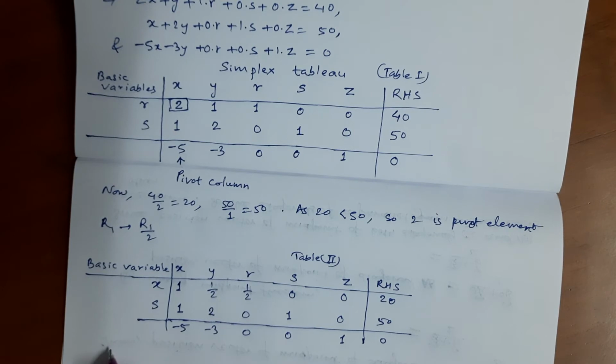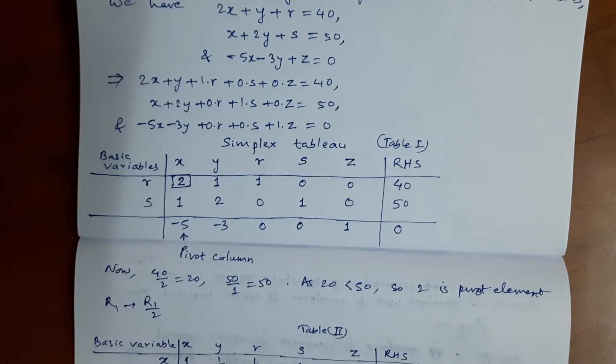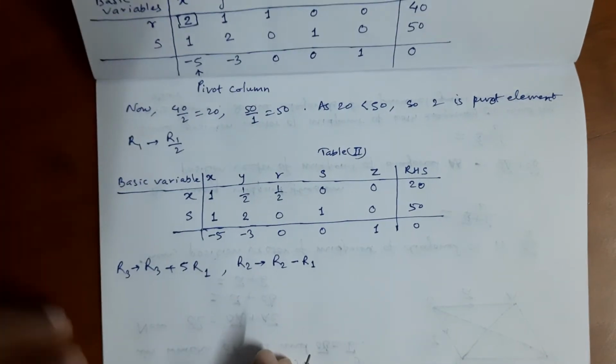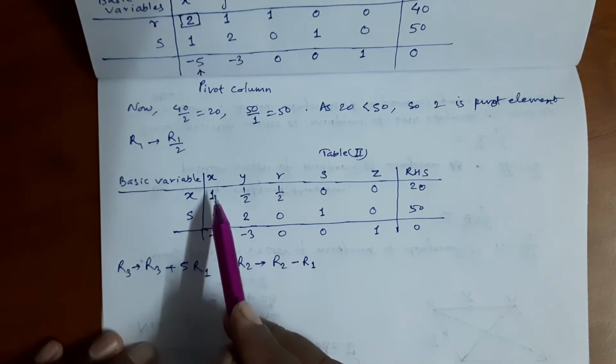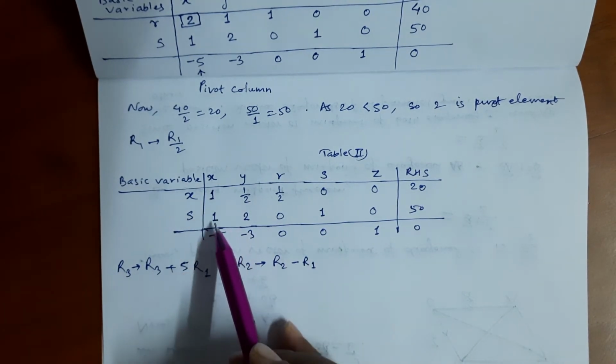So here now R3 plus 5 R1, here in this R3 we can add 5 R1 and next to that in R2 we do R2 minus R1, as I have already told that here except the pivot element, all elements must be 0.